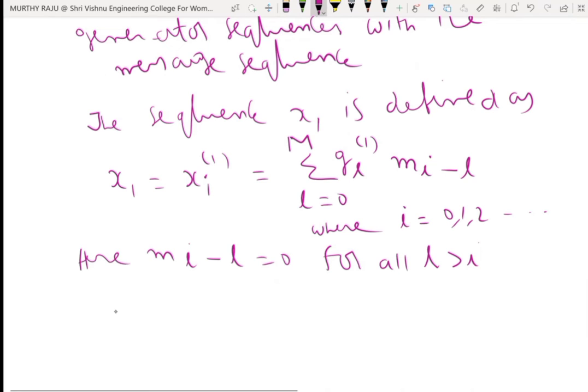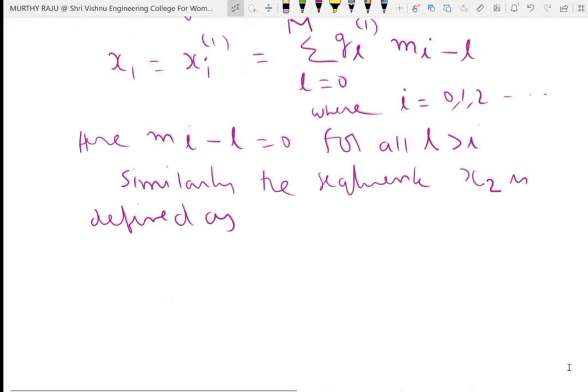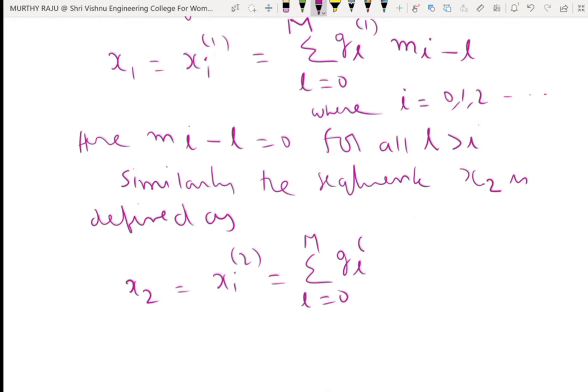Next, similarly, the sequence x2 is defined as xi of 2 is equal to the sum over L equal to 0 to M of g_L of 2 times m of i minus L, where i is equal to 0, 1, 2 and so on.